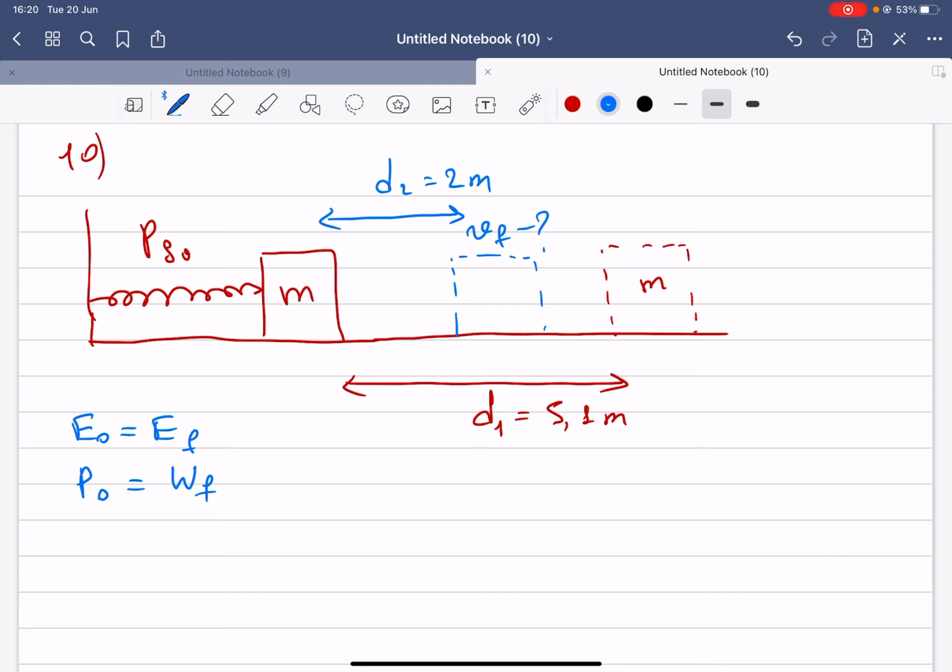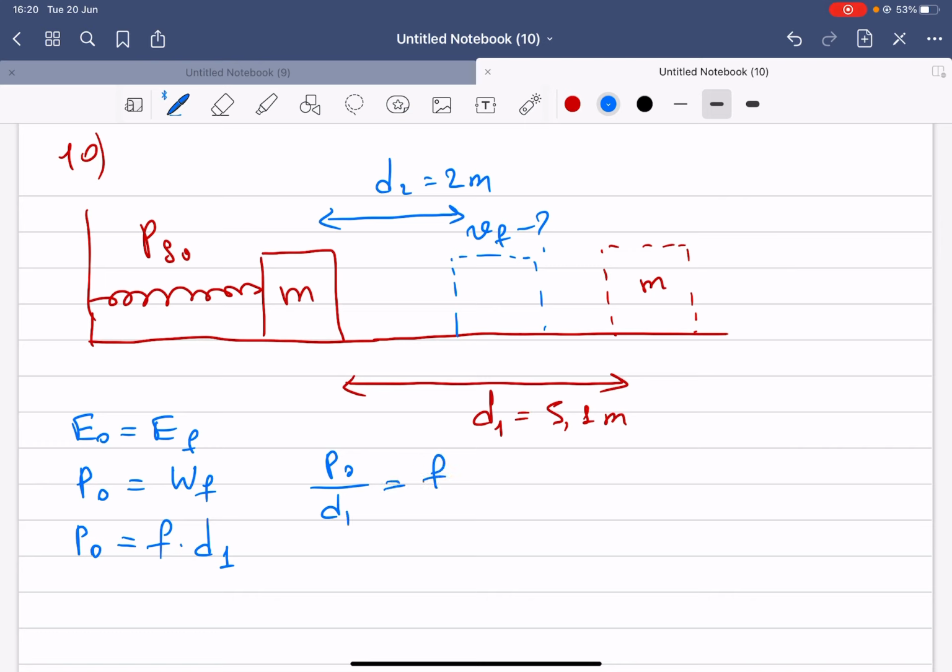So the initial spring potential energy is equal to the work done by friction, which is friction force times d1. From here we can say that the initial potential energy divided by d1 is equal to the friction force.